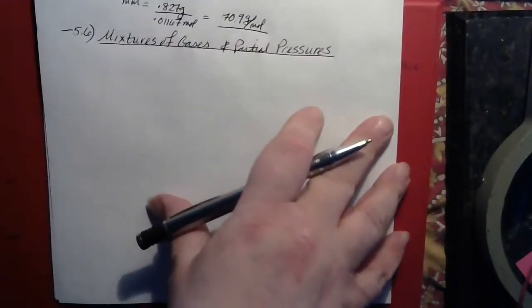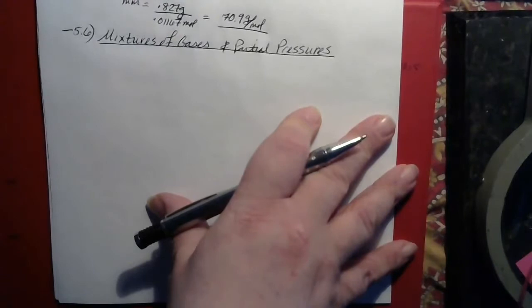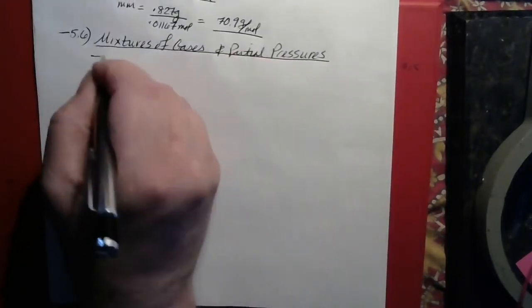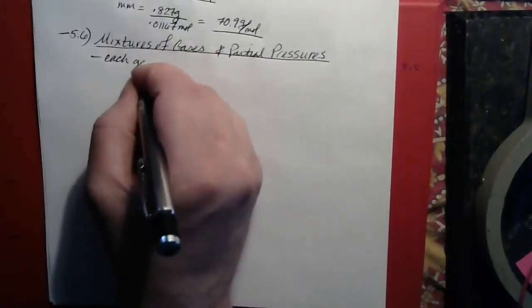Turns out that, of course, because gases all behave the same with respect to temperature and pressure and volume, when you have a mixture of more than one gas, you can really just add up the total number of moles of all of the different gases you've got, and you can calculate the pressure or the volume based on that. It doesn't matter how many different kinds of gas you've got in there or what gases they are, because they all behave the same physically. And that's because each gas in a mixture acts independently of the others.